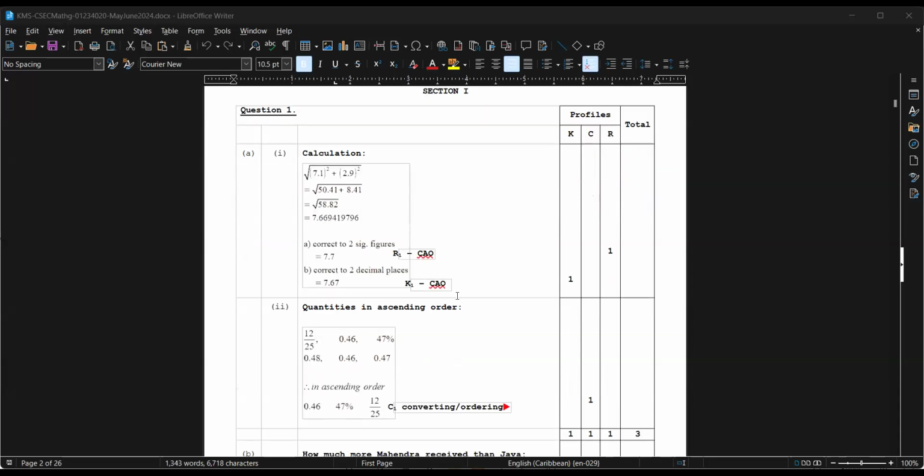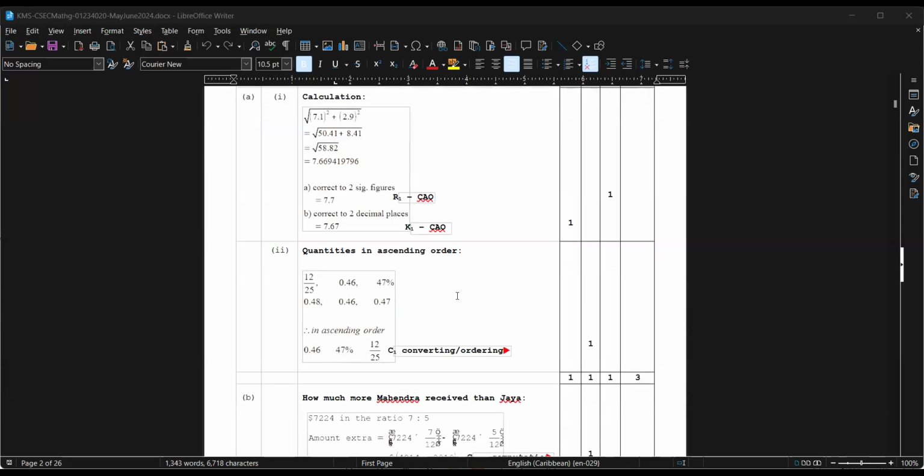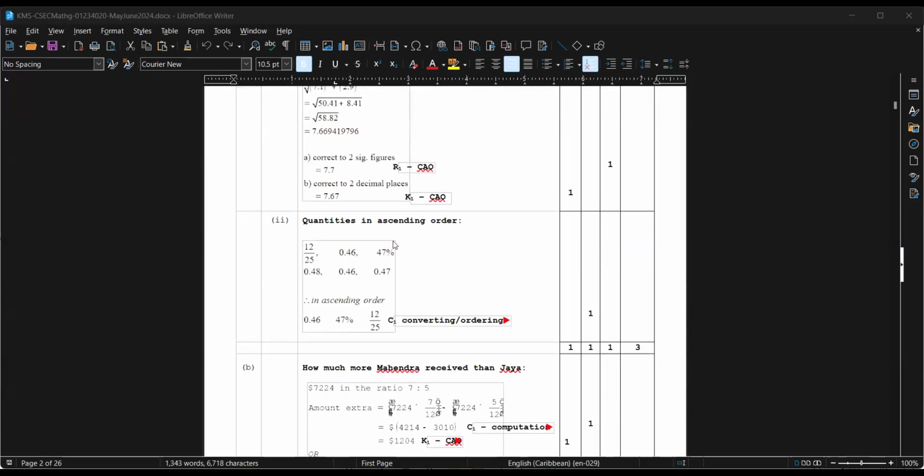You get it? Look at this next question. Watch. They want you to take all these numbers and put them in ascending order. How many marks are they giving you? One single mark. They don't want to see you taking all the numbers and converting them to decimals.